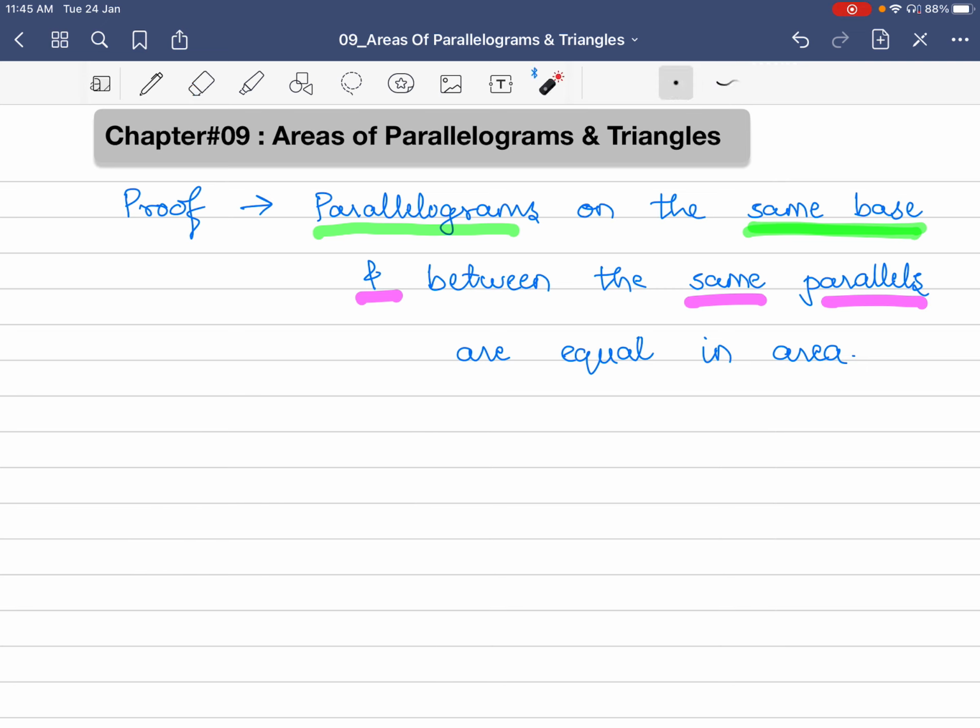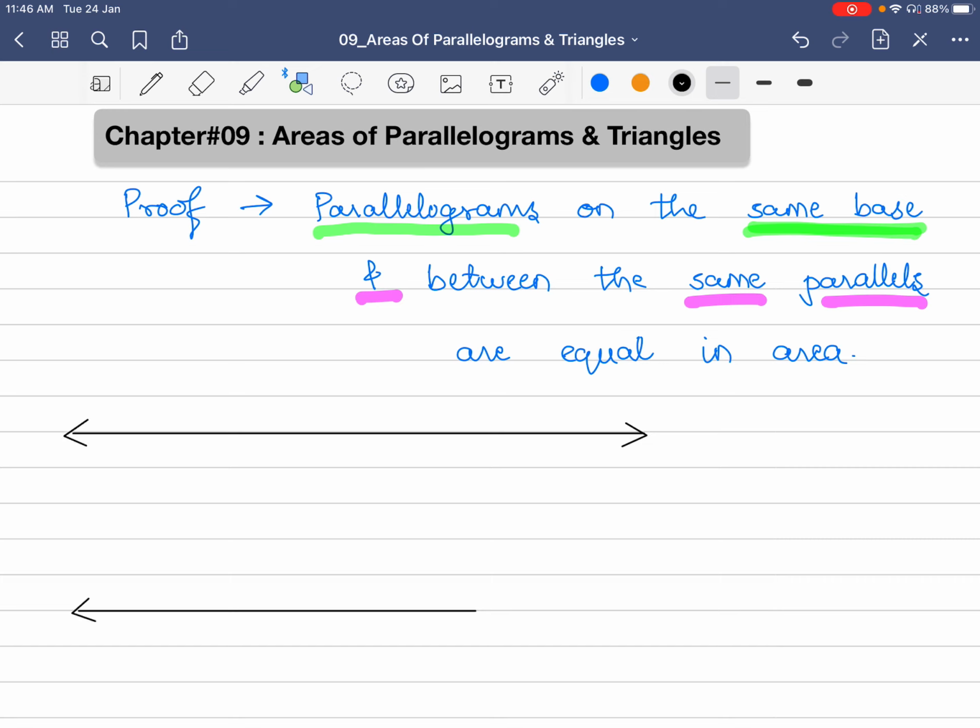So we want parallelograms which are on the same base and between the same parallels are equal in area. So now let's construct a parallelogram as per this condition. First of all, I'm going to take two parallel lines. Because we want parallelograms between the same parallels, I've constructed these two parallel lines first.